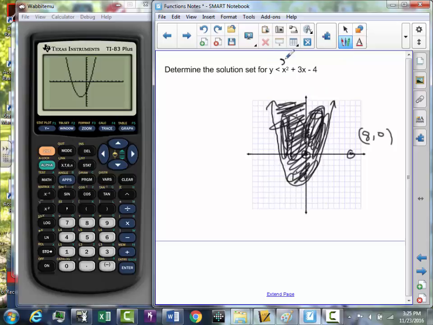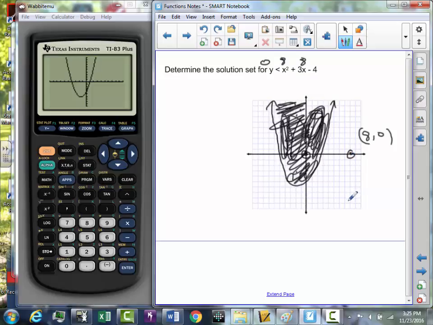If I plugged in 8 and 0, hopefully you'd agree, 8 squared is going to be a big number. 3 times 8 will only make that even larger. Then you subtract 4. I don't actually know what the number is, but it's a pretty big positive number, right? Well, that's bigger than 0, isn't it? So therefore, this is a point that should work in the x and y dimensions.